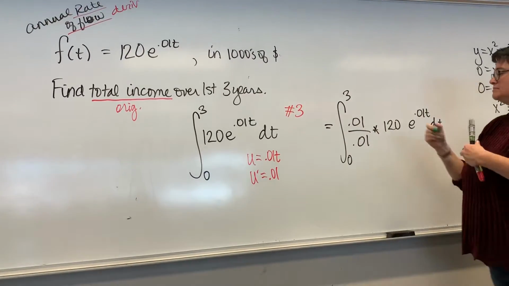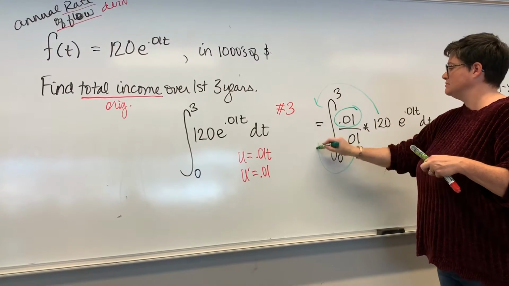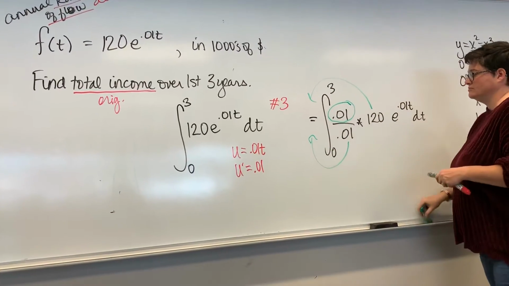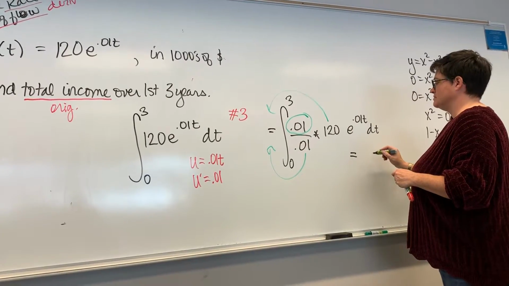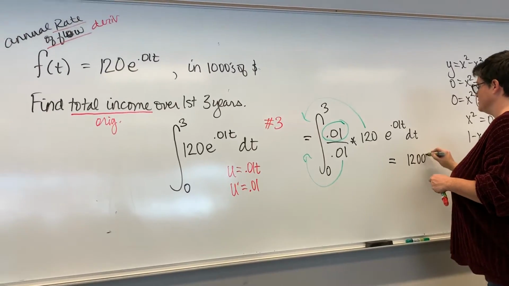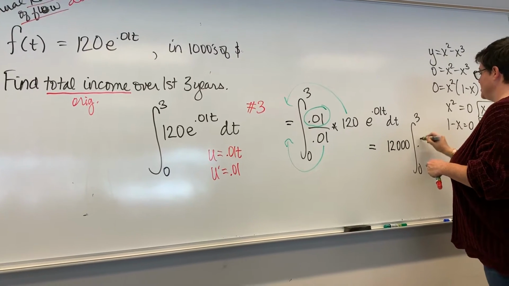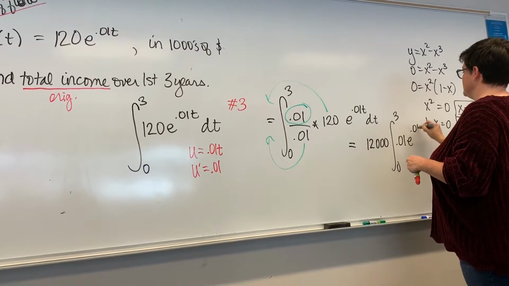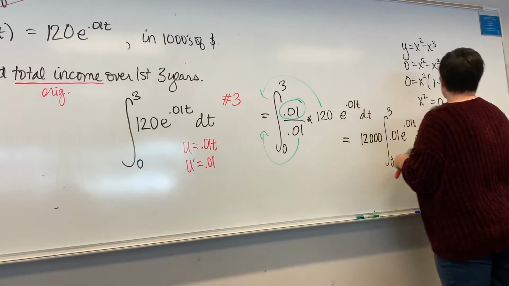Circle what you want. Kick out what you don't. This equals 12,000 times the integral from 0 to 3 of 0.01 e to the 0.01 t with respect to t.